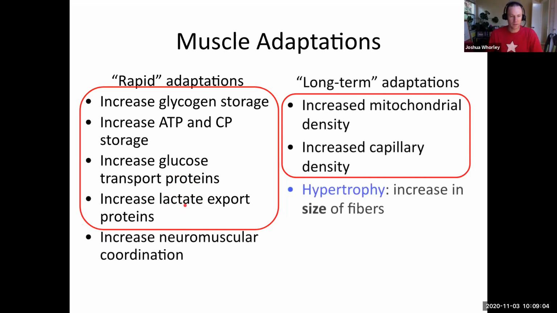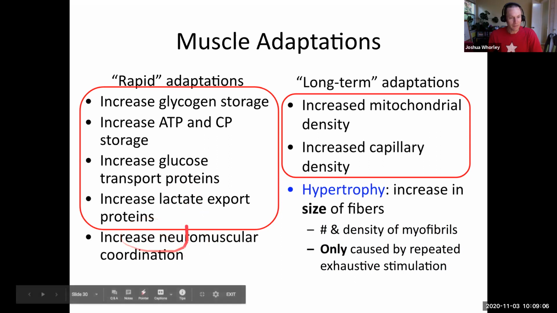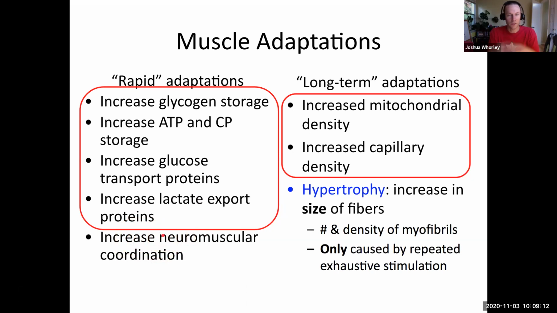The other thing that happens is increased neuromuscular coordination, and that happens pretty rapidly. In fact, if you start lifting weights or doing some kind of strength training program, the first increases in strength are not due to muscle growth in size or hypertrophy. It's due to increased neuromuscular coordination.